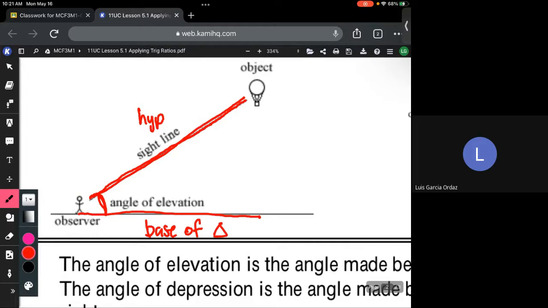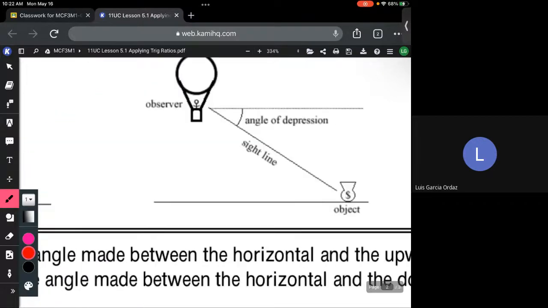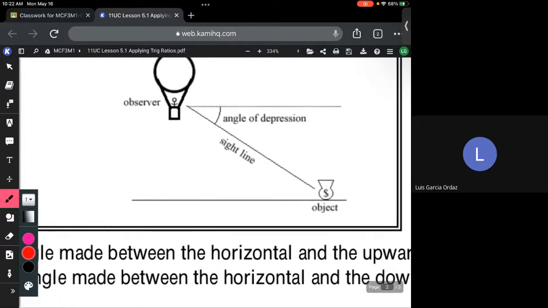Now your angle of depression is when you're looking down at something. So this is you at the top. You're looking horizontally onto the horizon of the sky, and your angle of depression is when you look down at a certain object. If we make a triangle here, your angle of depression is not inside of that regular triangle, it's on the outside.